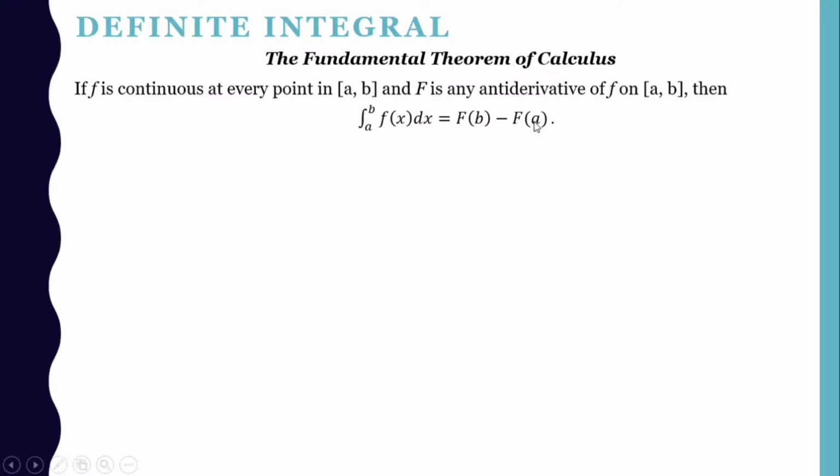Okay, so to illustrate this better and to understand this better, let us have some examples. First, we have the integral of 3 dx from 0 to 5. Take note, our interval here is 0, 5.